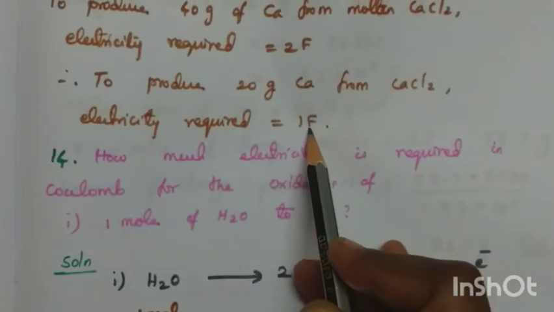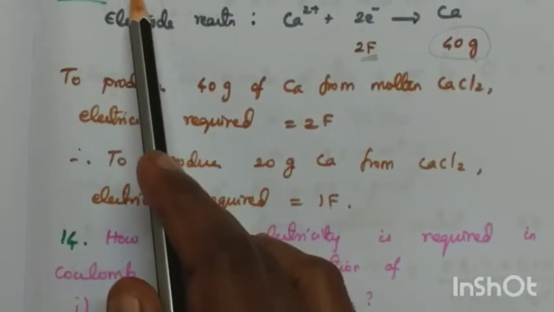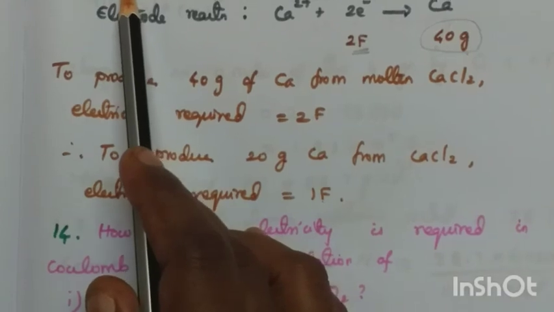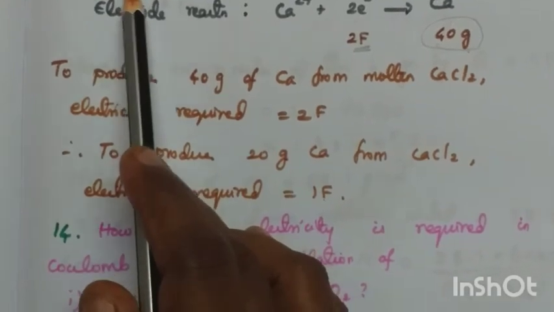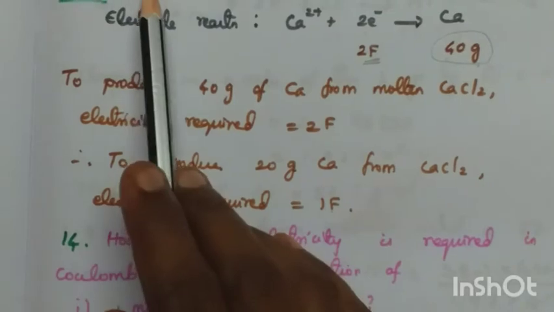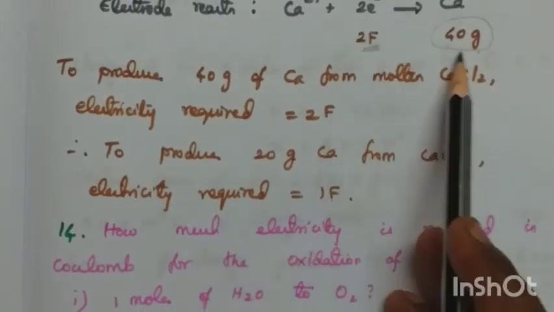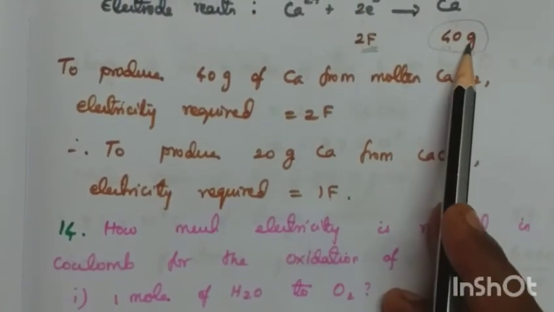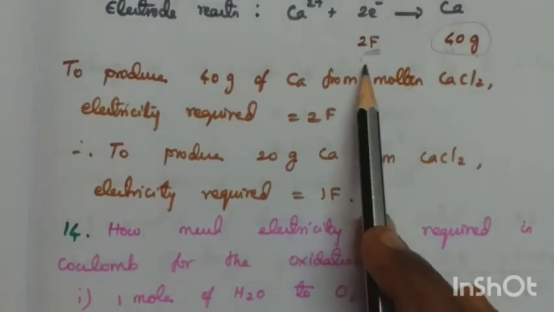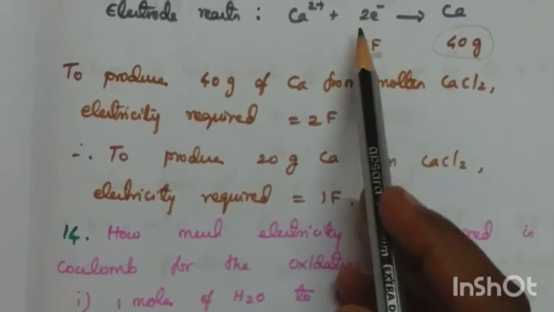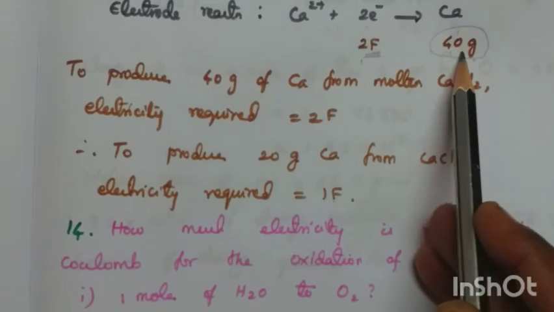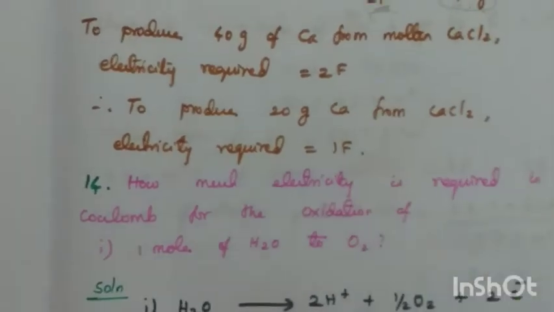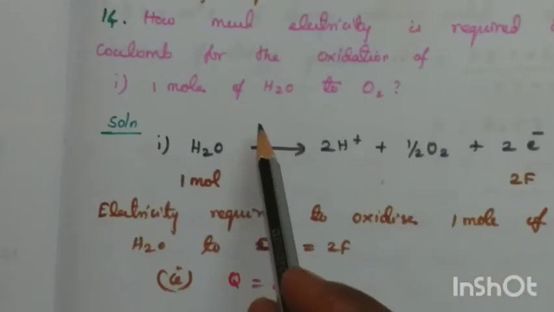We can directly convert it. If it were 80 gram, it would be 4 Faraday. 20 gram is half of 40, so half of 2 is 1. So the answer is 1 Faraday.